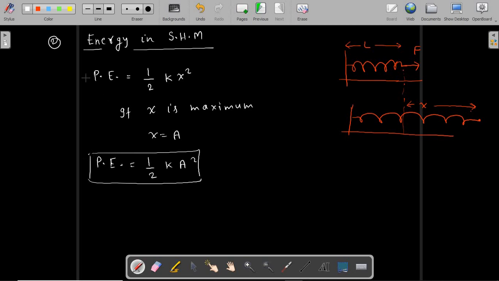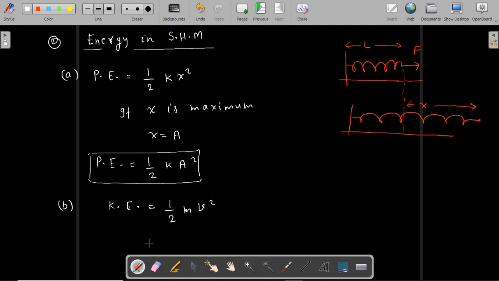Similarly, this is the potential energy at A, and when I leave the spring, the kinetic energy can be written as half m v square.